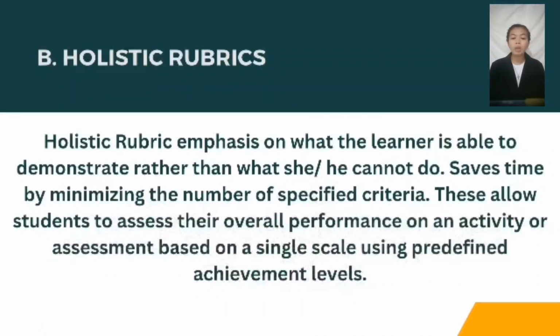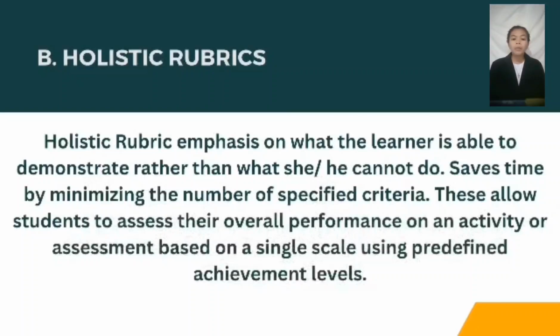This rubric allows students to assess their overall performance on an activity or assessment based on a single scale using predefined achievement levels. So the teacher judges the performance of the students by a single scale, with all criteria included in the evaluation being considered together.